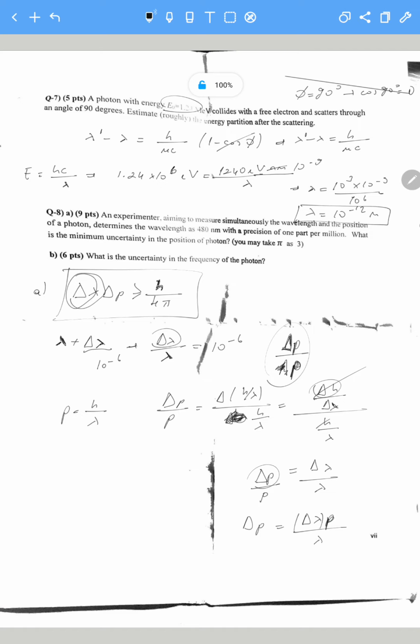Now that we do not know the momentum, but we can just again stick this here. Do we actually need to know this wavelength?